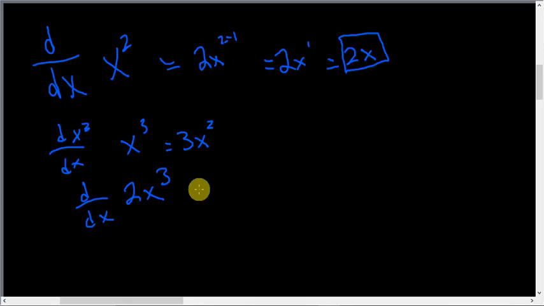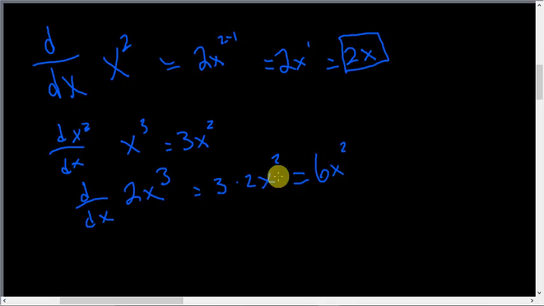And so we drop this down, and since there's already a coefficient there, you can multiply them, so it's 3 times 2x to the second, and that equals 6x to the second.